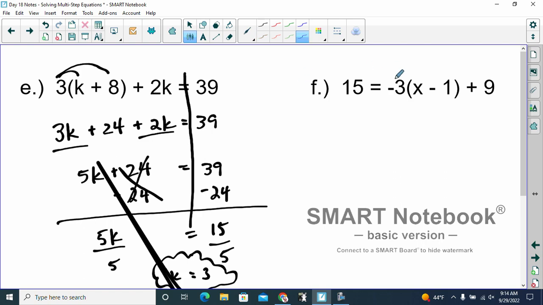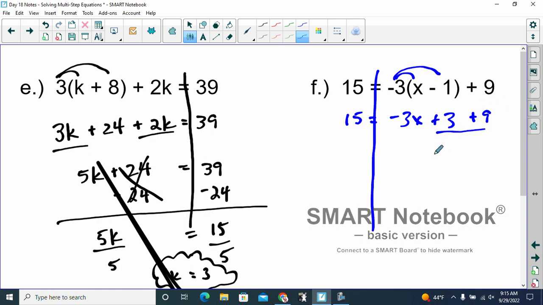Start with the distributive property. Negative 3 times x. Negative times negative. Positive 3 times 1. We distributed this negative 3. Combine like terms. Positive 3 plus 9. There's like terms. They're on the same side. I can combine them.